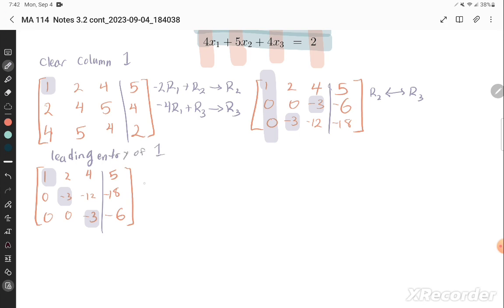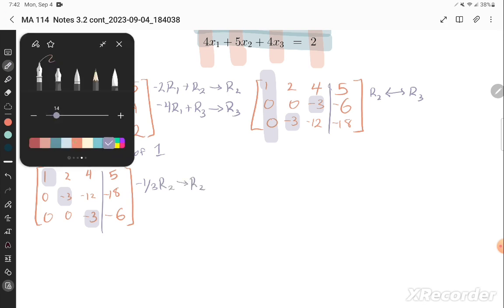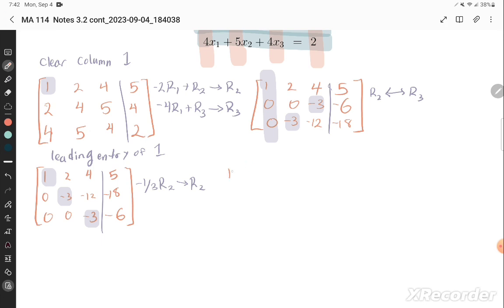So I'm going to multiply row 2 by -1/3, -1/3 row 2 to new row 2, so that way I can get a leading entry of 1. So 1, 2, 4, 5. And then 0, 1, 4, 6. And then 0, 0, -3, -6.